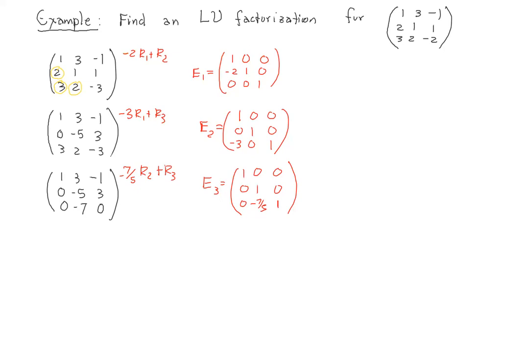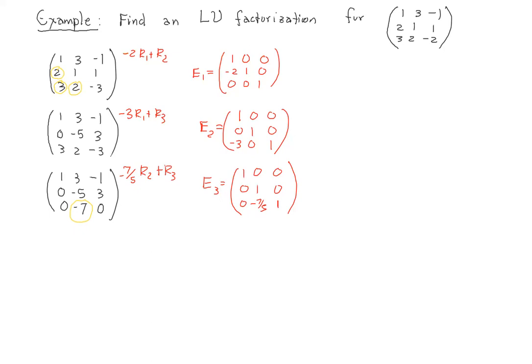The target for this operation has been this. You want to make this equal to 0. That's your target. That's why you multiply by -7/5, so that -5 becomes 7.